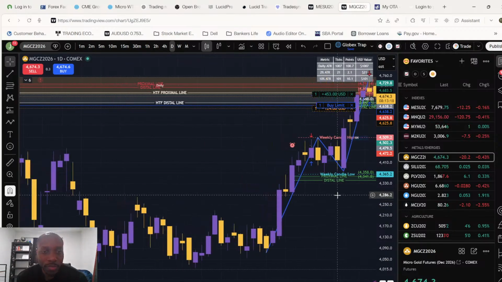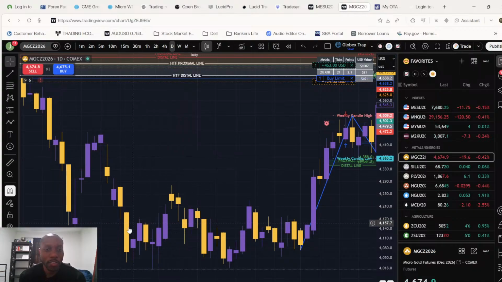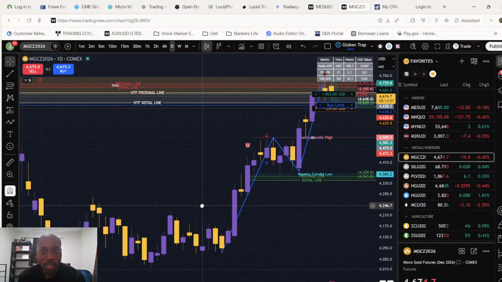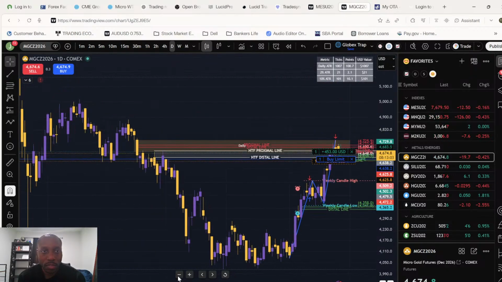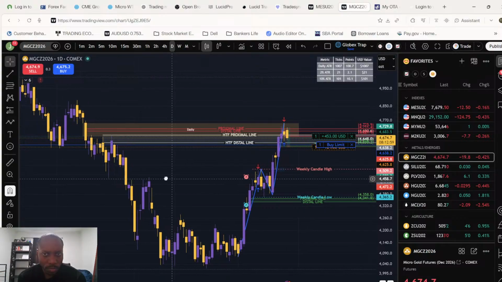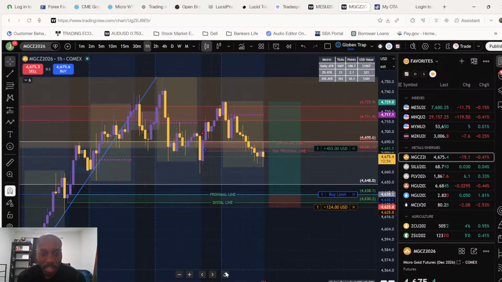Nice run, nice run, after some sizable consolidation right around here, inside of a daily gap.